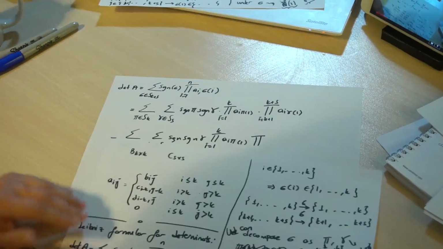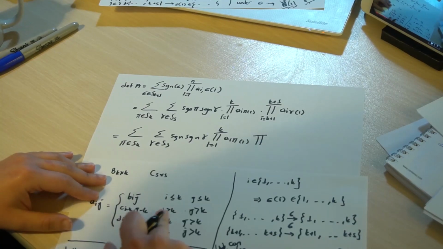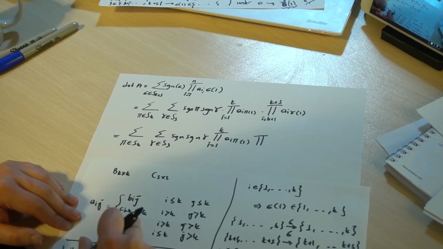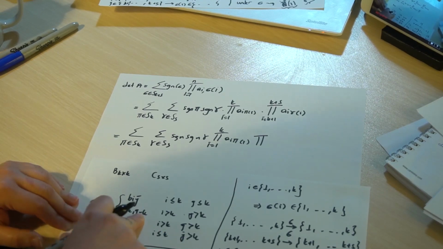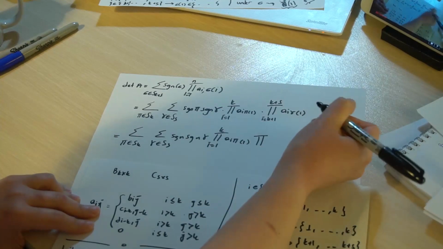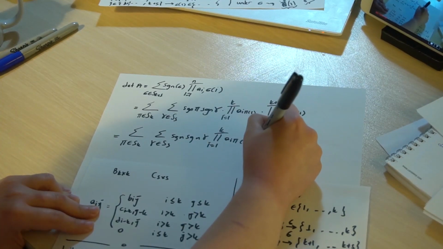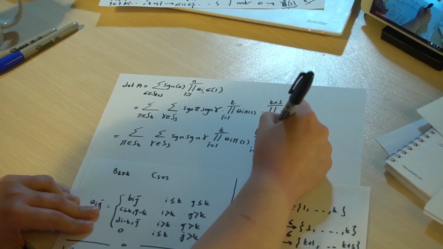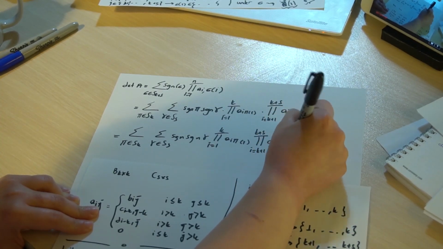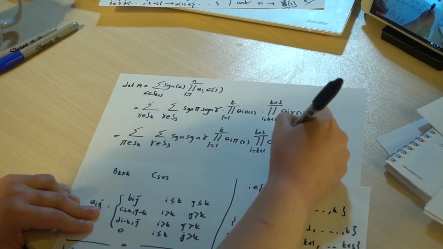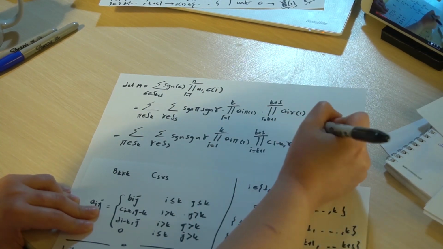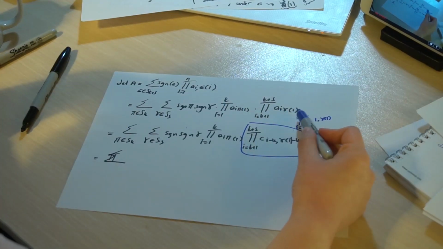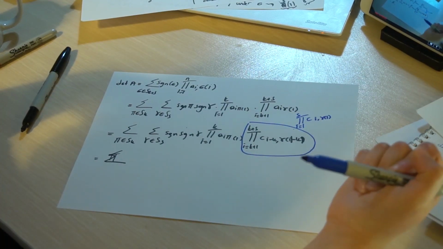If you look here, if i is greater than K and j is greater than K, we will see c_{i-K, j-K}, right? So this entry will be the product for i from K+1 to K+S of c_{i-K, gamma(i)-K}. This becomes the product for i from 1 up to S of c_{i, gamma(i)}.